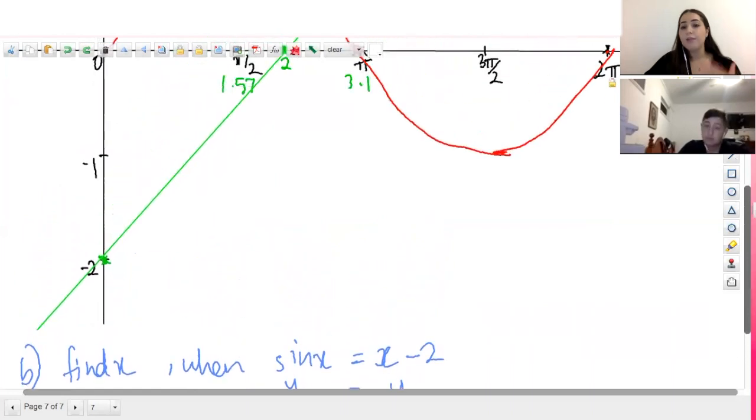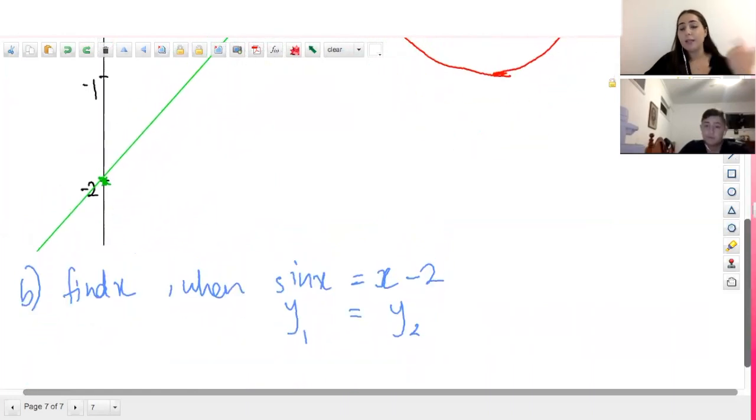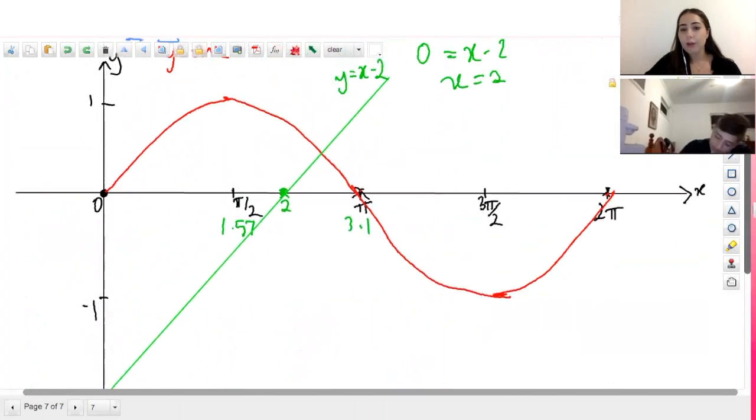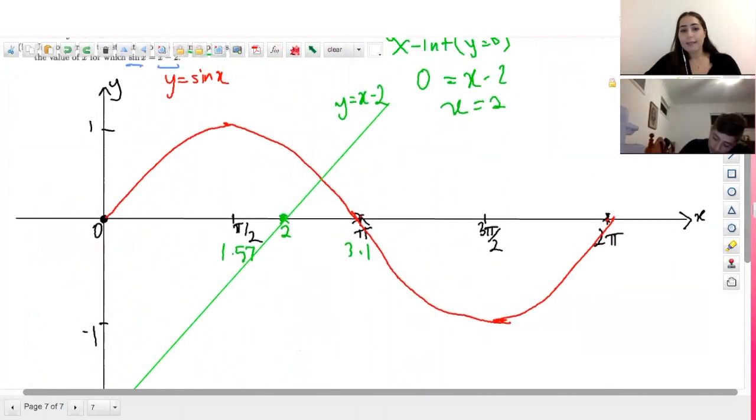So instead of using algebra, we're going to use the graphs to find the point of intersection, which is x.